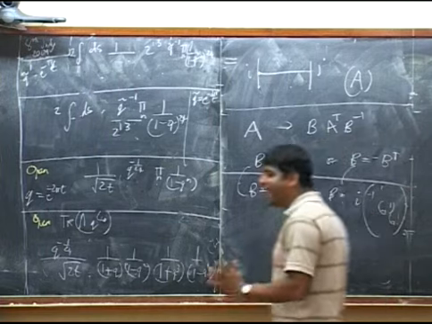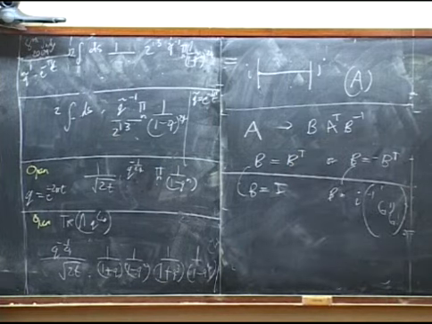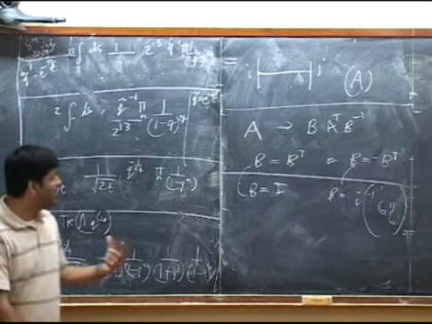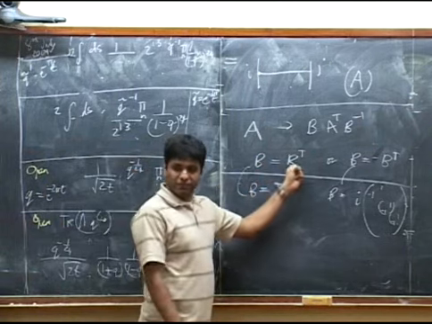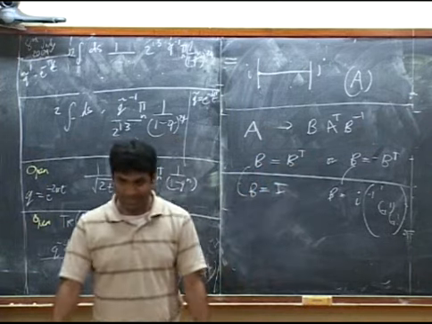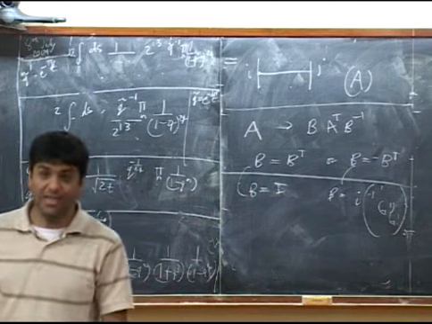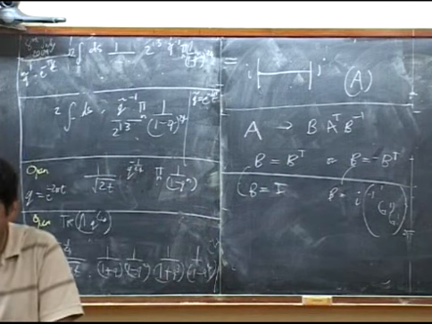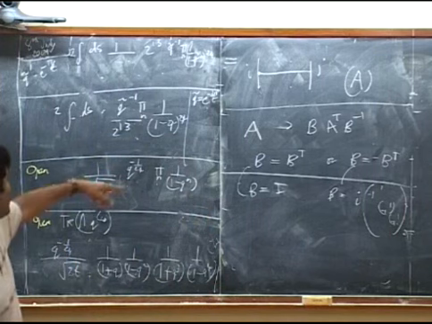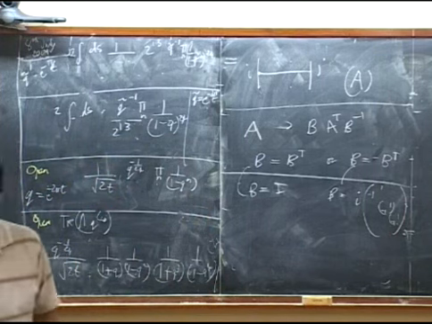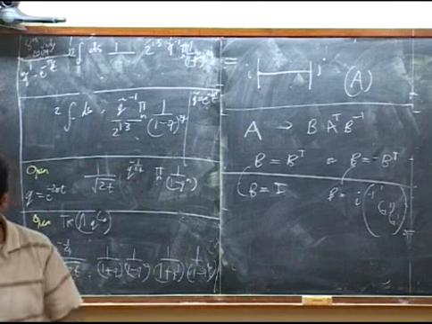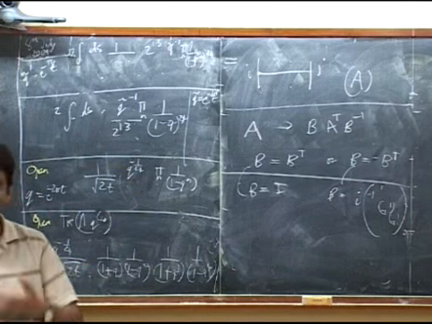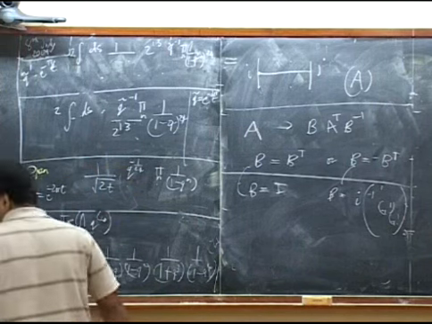Okay, so claim. The claim is that if this B transforms in a certain way under basis changes, which you easily work out, then this is not just a similarity transformation. It's something a little more complicated because B is a complicated transformation involving the transpose. In fact, don't you see how it is?